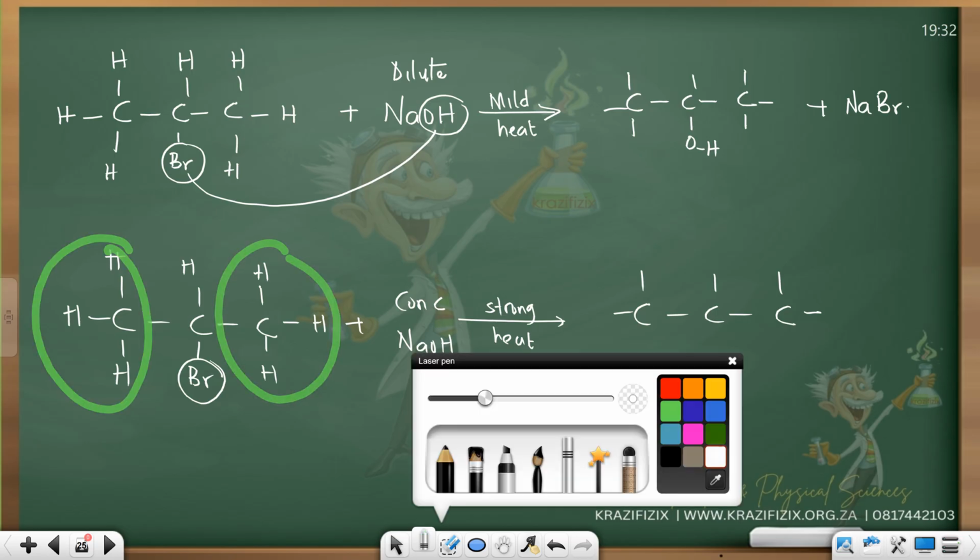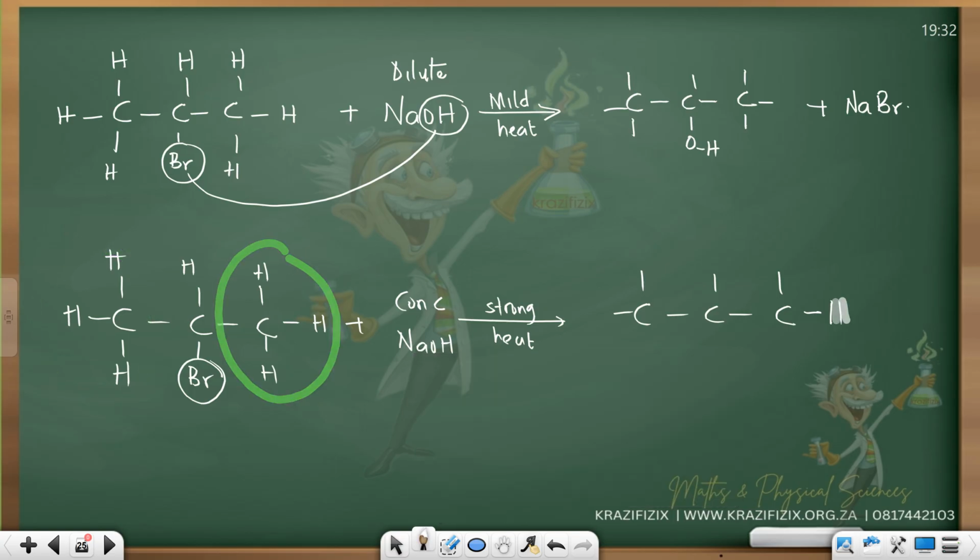So let's remove from anywhere. You would notice I've gone back now to my what? Alkene, double bond. So this is called the Zaitsev rule. So Markovnikov for addition, Zaitsev for elimination. But the key is, once I use concentrated, I will be eliminated.